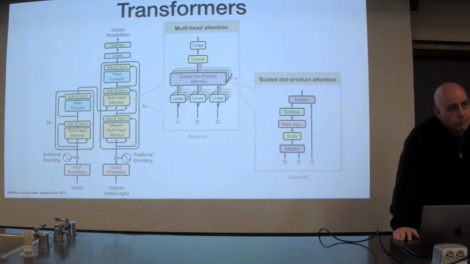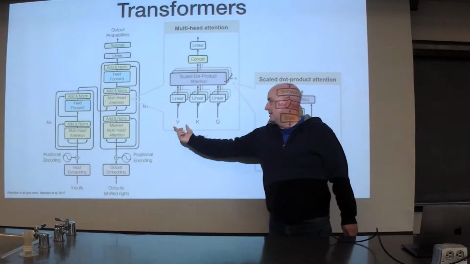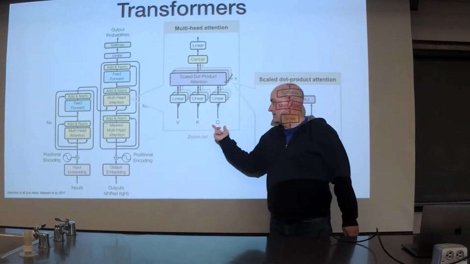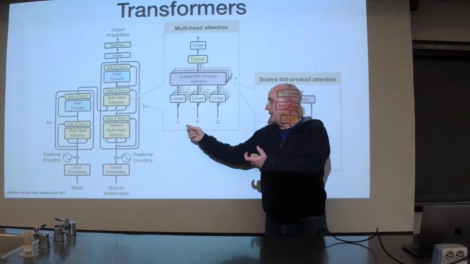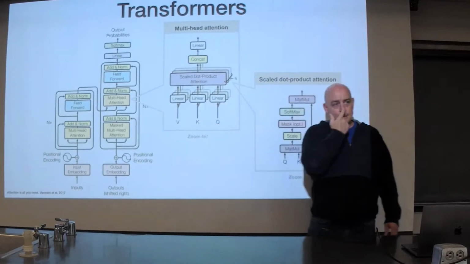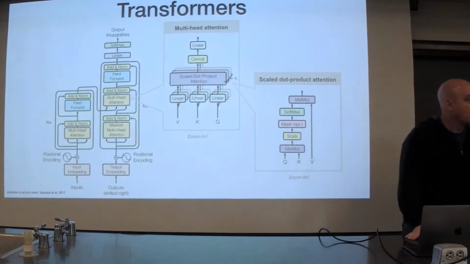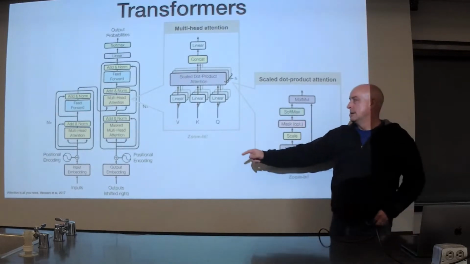So the same token is used, but you get a different value vector, key vector, and query vector because these are different matrices. What guarantees that they end up different, is it just that they're randomly initialized?